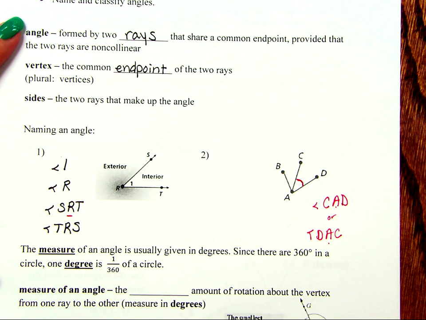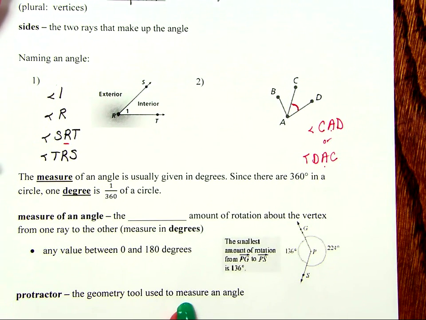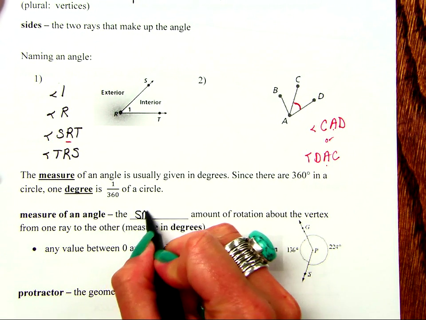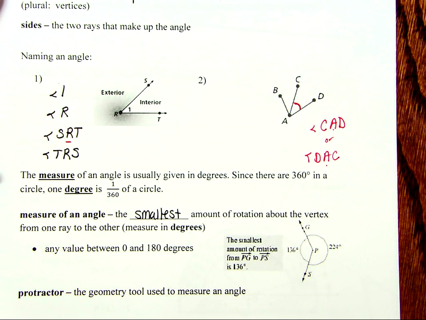Now, when you measure an angle, the measure of an angle is given in degrees. We know that in a full circle there are 360 degrees. However, when we're given the measure of an angle, because we use the smallest amount of rotation about the vertex, our measure should always be between 0 and 180 degrees.